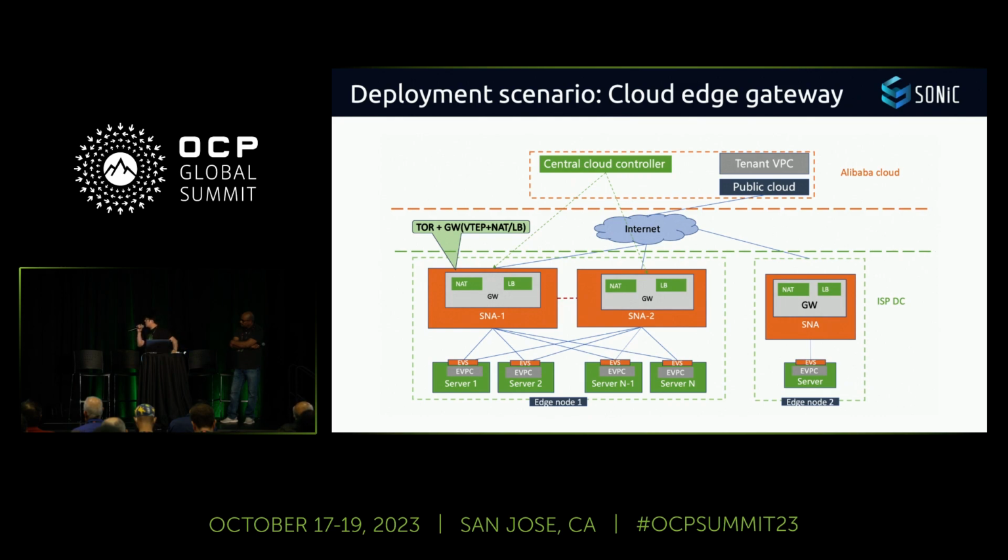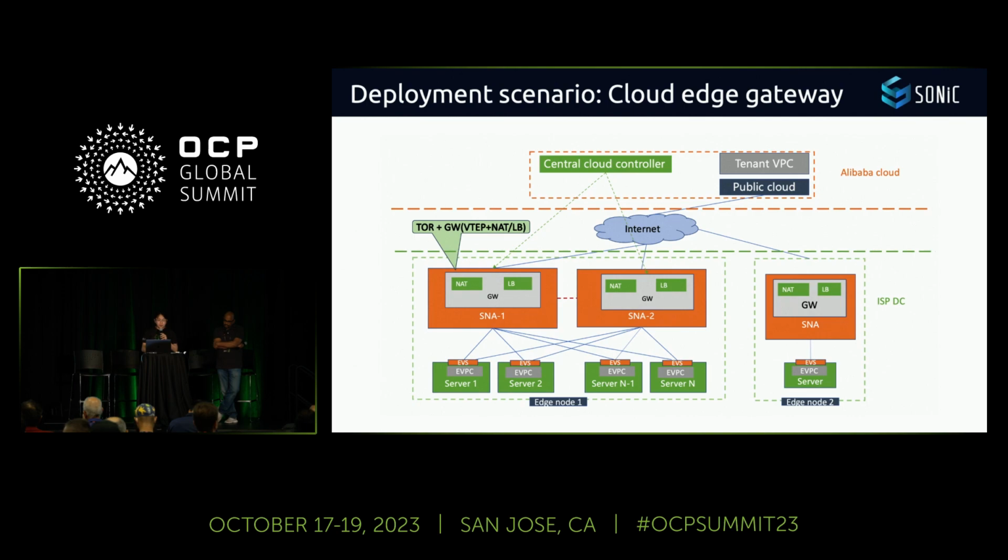The Edge cloud actually works in two roles. The first one is that they act as Tor switches. In our deployment, we are using active-active connectivity provided to the servers, with two uplinks connected to a group of Tor servers.